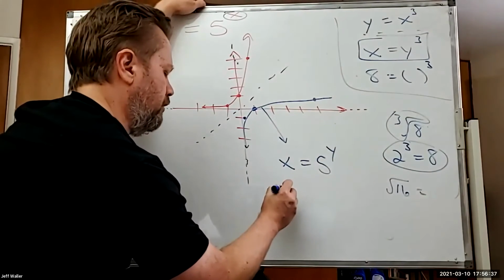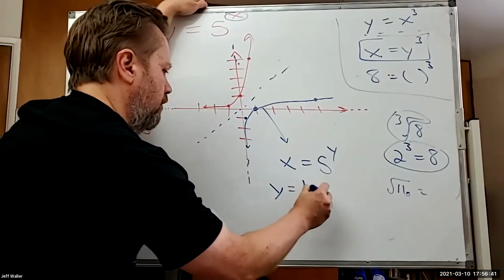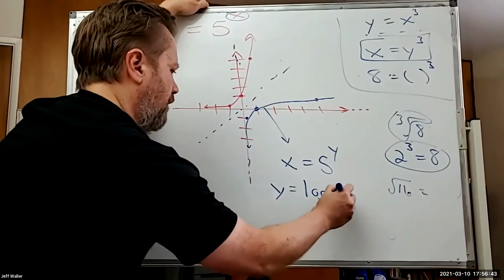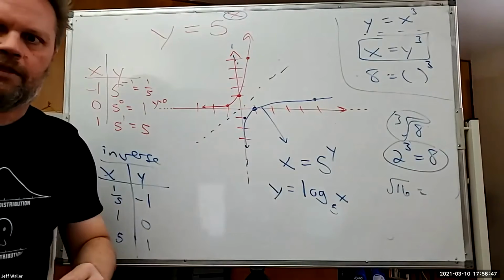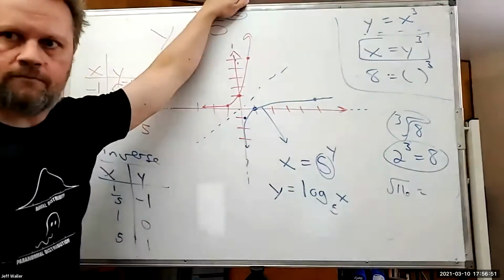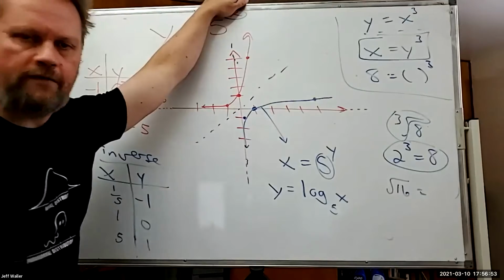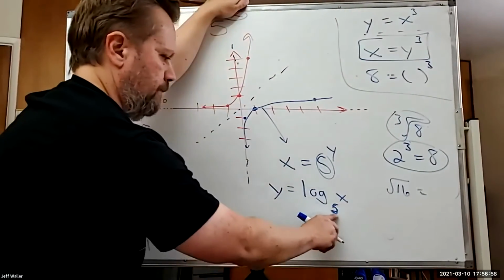So here's what it looks like. This would be y equals log base 5 of x. Why does that make sense? 5 is the base. So saying log base 5 makes sense because it's base 5.